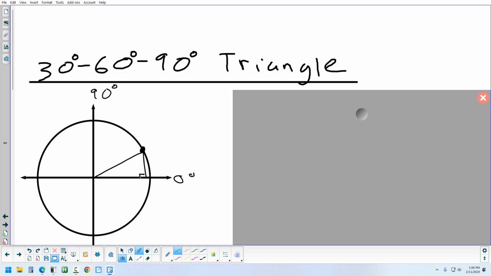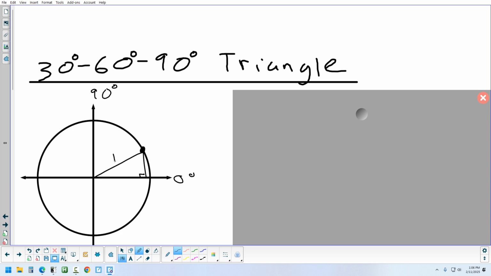So the hypotenuse doesn't directly help us, but it will a little bit. What do we know the hypotenuse is? 1. We know the hypotenuse is 1 because it's the radius of the circle. It's the same hypotenuse as the 45.